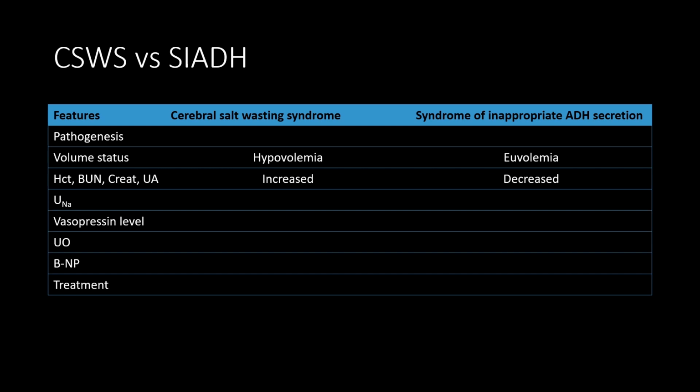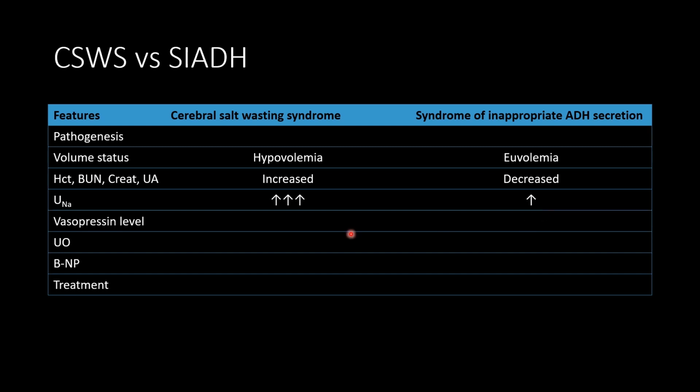Urinary sodium excretion, we discussed in the criteria that urinary sodium excretion will increase excessively in cerebral salt wasting, the name itself signifies, while in SIADH urinary sodium will be slightly high, mainly more than or equal to 30 milliequivalent per liter.